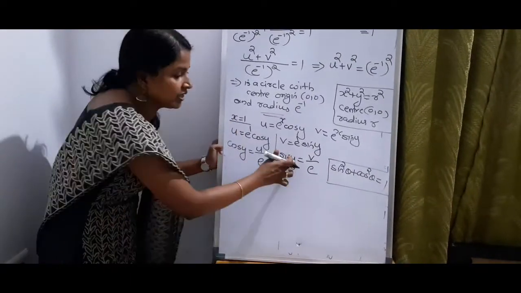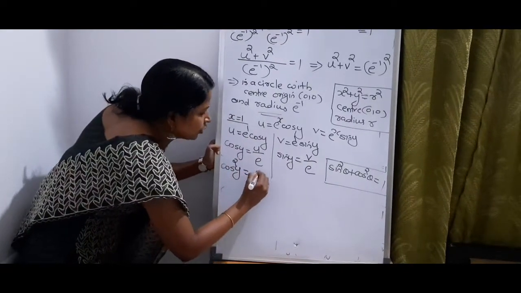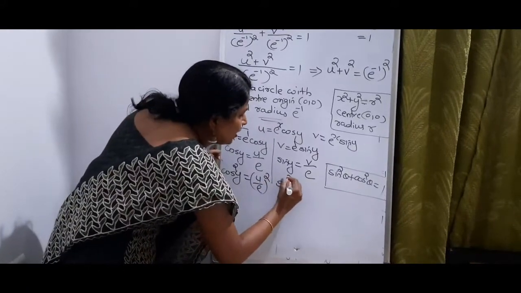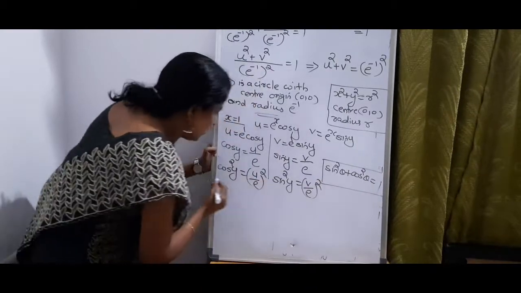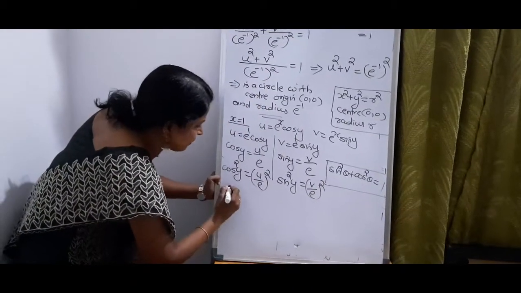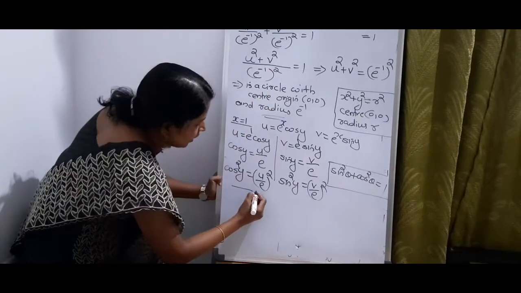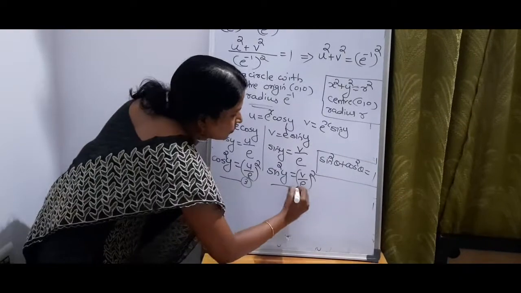So first we square these two equations. That is cos square y equal to u by e the whole square, and sin square y equal to v by e the whole square. These are equations 3 and 4, after 1 and 2 already written.